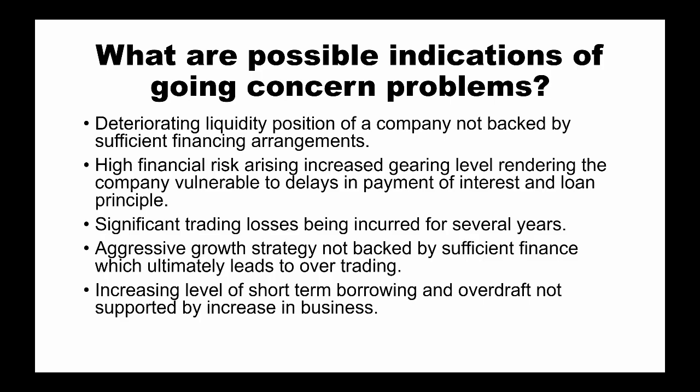Before we move on from the going concern, what are the possible indications of a going concern problem? One can be deteriorating liquidity positions of a company not backed by sufficient financing arrangements. Another one is high financial risk arising from an increased gearing level, rendering the company vulnerable to delays in payment of interest and loan principal.